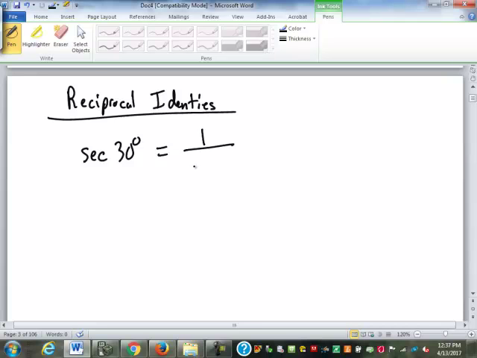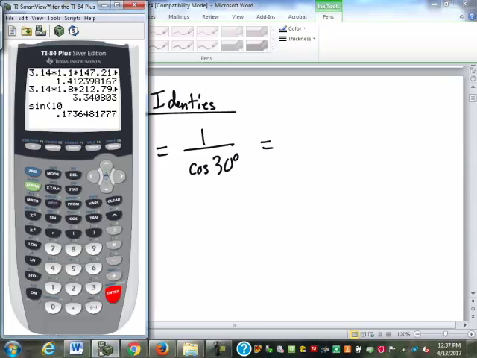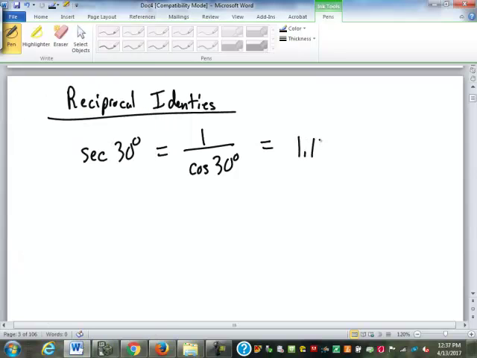It's 1 divided by cosine. Very good. It's the reciprocal of cosine. So we could do 1 divided by the cosine of 30 degrees. Helps if I put the cosine in there. 1 divided by cosine of 30 degrees. 1.155.